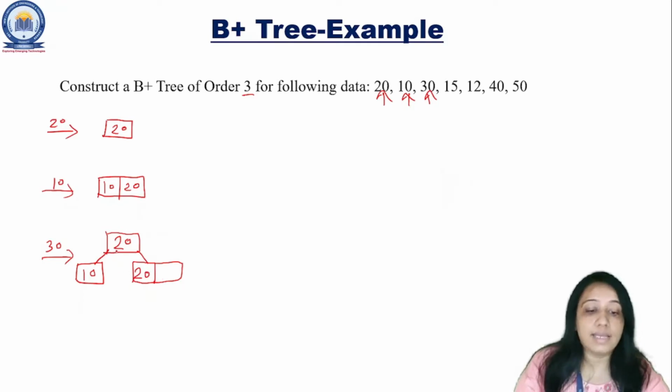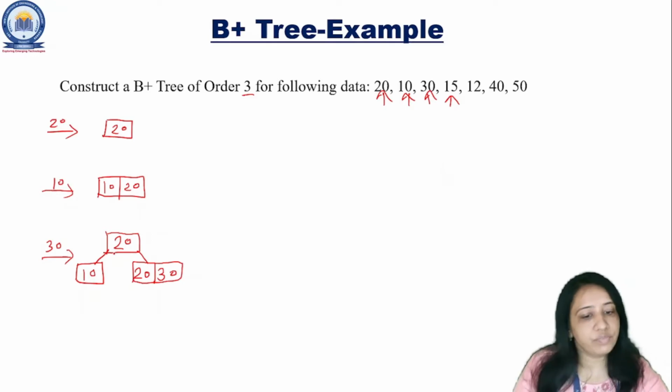So the data is 20 and 30. This is always repeated because here it is a leaf node, so they are not going to be repeated. Here there is one up level, so whatever is there is going to be repeated at the lower level. So we will be having 20 and 30.